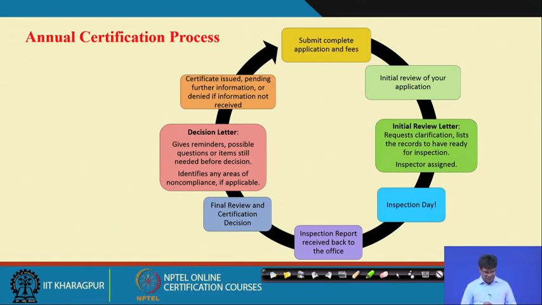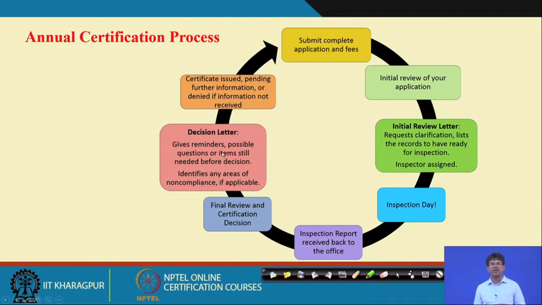After the inspection, the report is received back at the office, and then the report goes for review. A final review and the certification decision is taken, and the decision letter gives reminders, possible questions or items still needed before the decision, or identifies any areas of non-compliance if applicable.